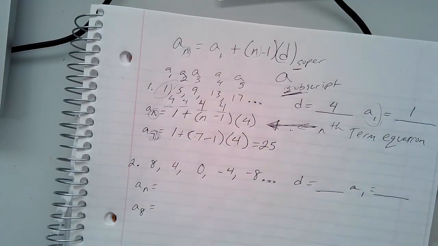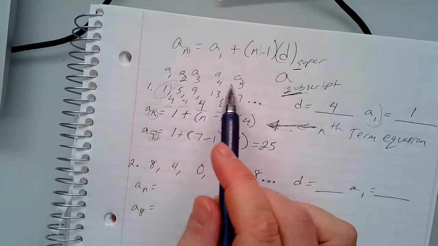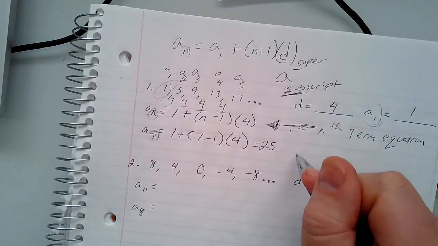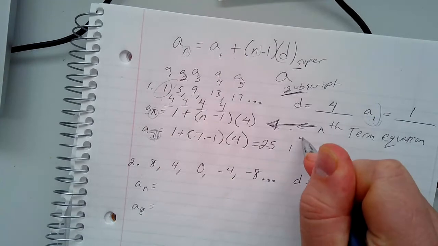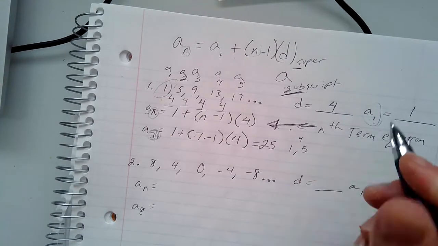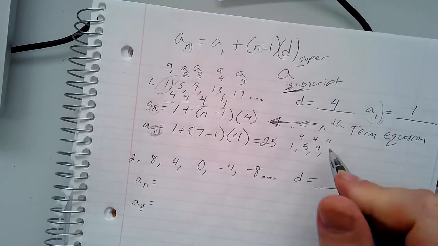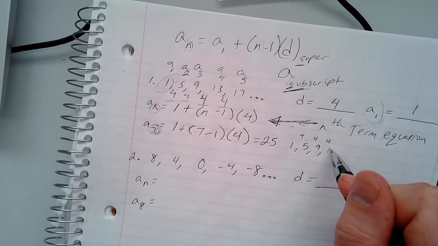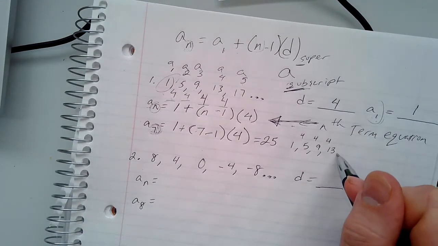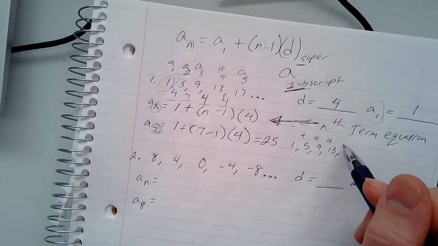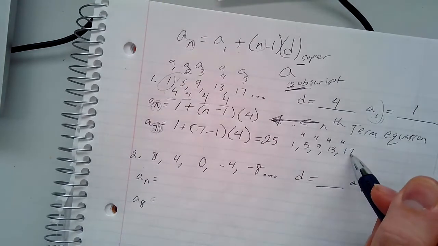Now let's check that, because 7 terms isn't that much to write. I said my first term was 1, plus 4 would give me 5, plus 4 would give me 9, plus 4 would give me 13, plus 4 would give me 17.